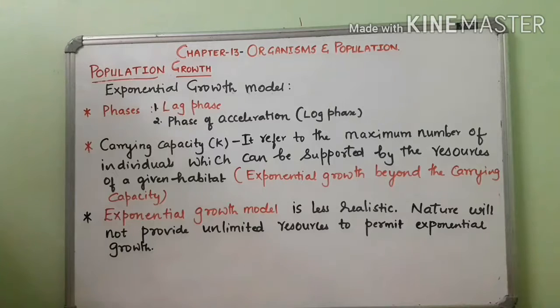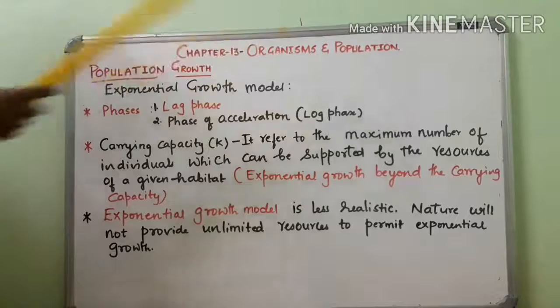Lag phase is the first phase, which initially shows a slow rate of growth in a population, followed by a rapidly accelerating stage of multiplication, which is the log phase.